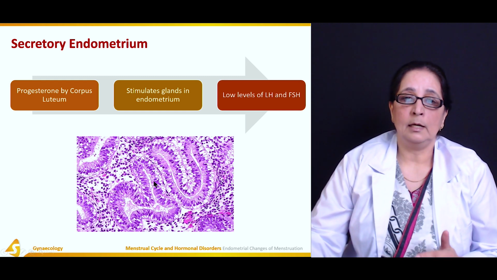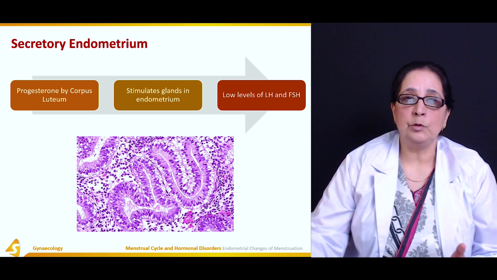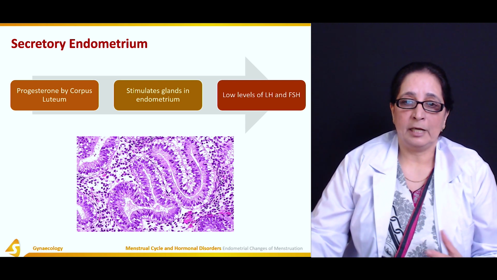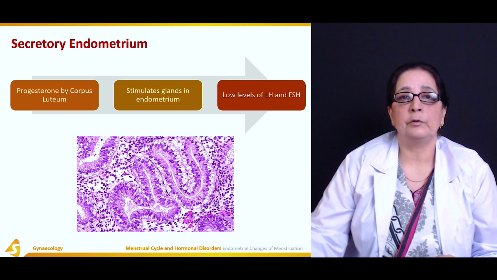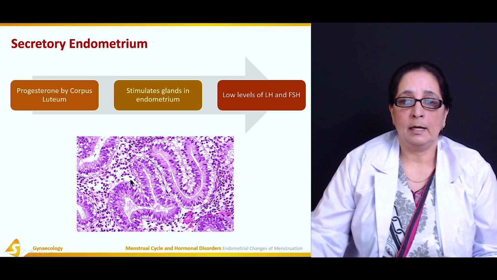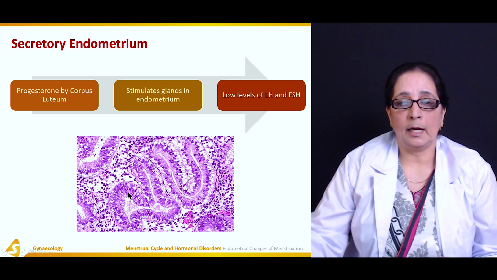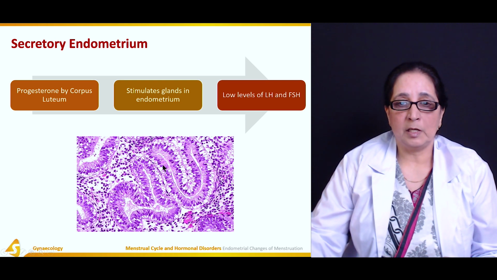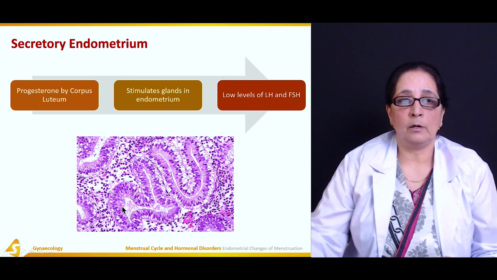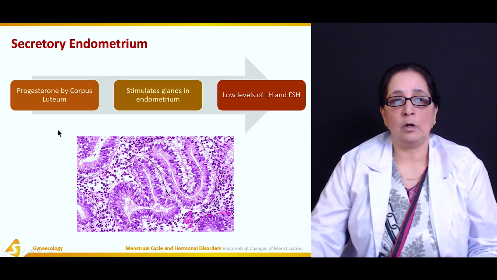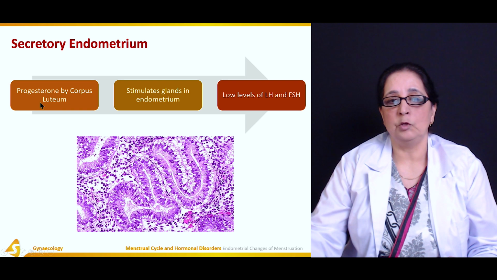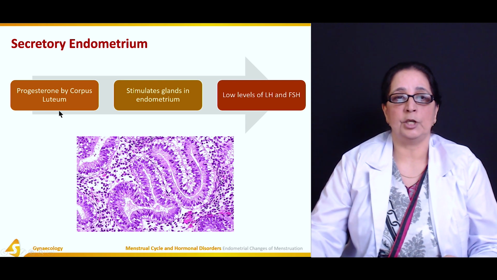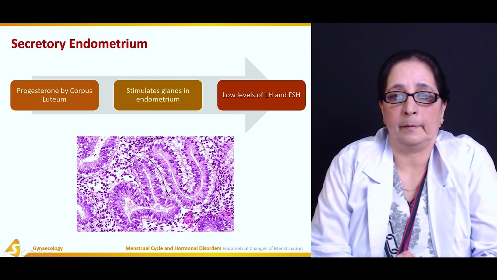That follicle then becomes the corpus luteum, which is the yellowish body that produces progesterone. Under the influence of that progesterone produced by the corpus luteum, the endometrium becomes secretory due to the development of the glands. So progesterone produced by the corpus luteum brings secretory changes in the endometrium.